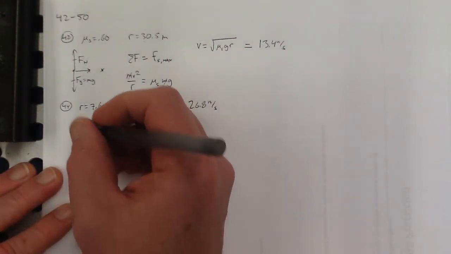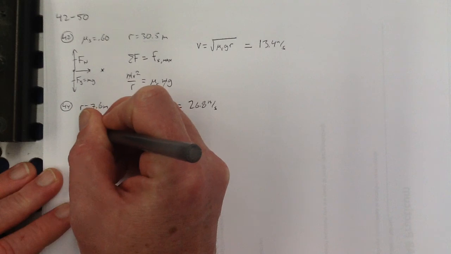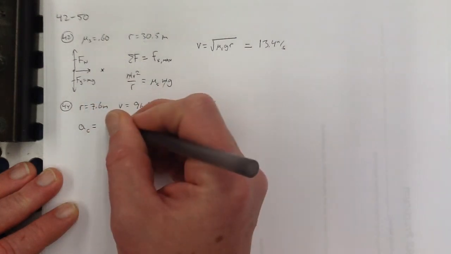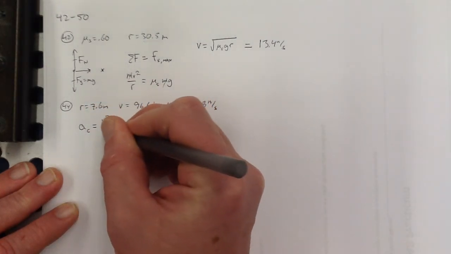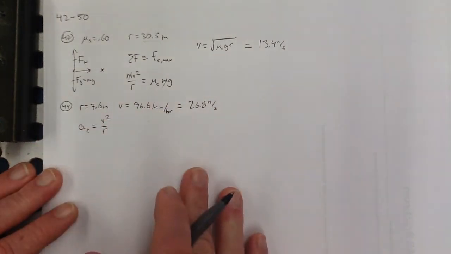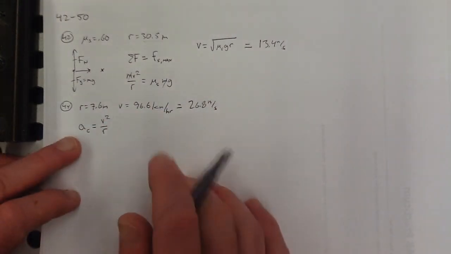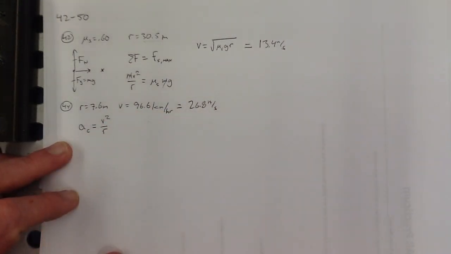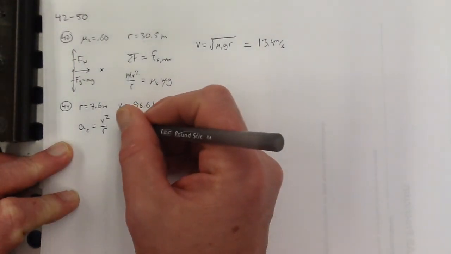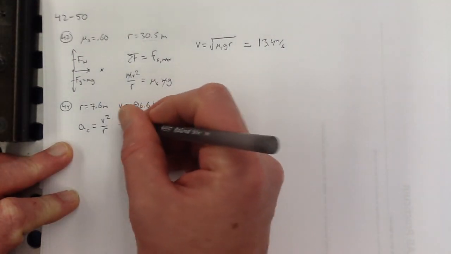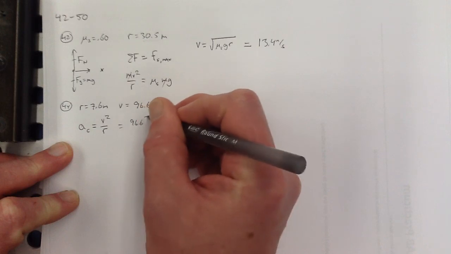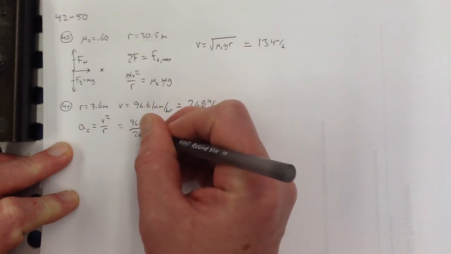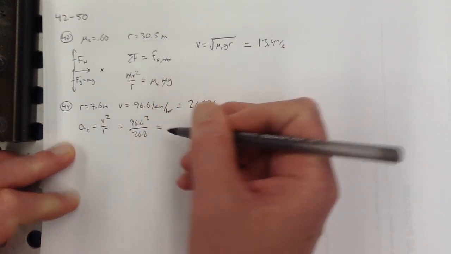So the acceleration toward the center of the circle is equal to v squared over r. We don't actually need to use any considerations about forces here, because they're just asking about the acceleration. So v squared over r here is going to be 96.6 squared over 26.8.